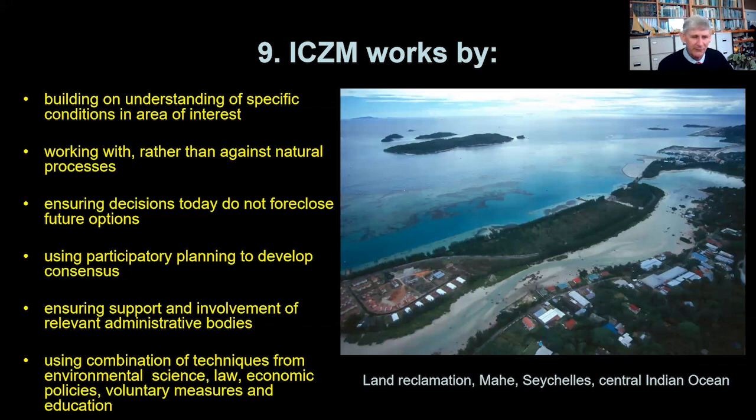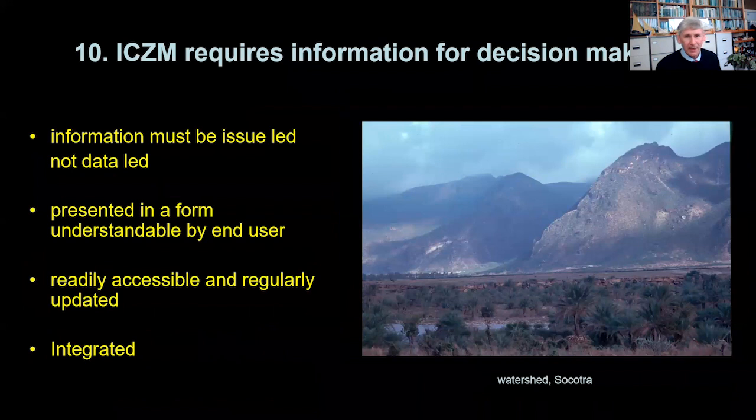They're all going to be involved in this process. And therefore, we have to have this combination of environmental science, law, economic policies, education, all the voluntary measures involved in this process.